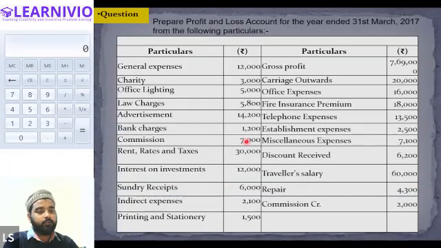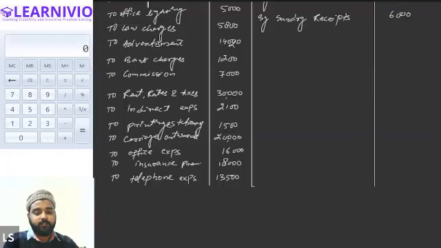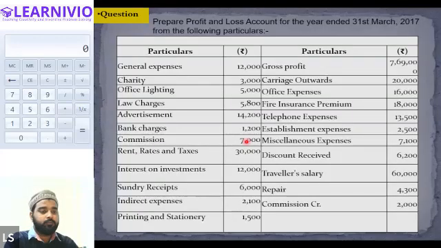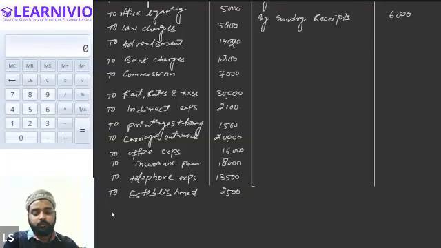Next item, establishment expenses 2,500 on the debit side. All the expenses will be recorded on the debit side. To establishment expense 2,500. Then we have miscellaneous expenses 7,100. So to miscellaneous expenses 7,100.